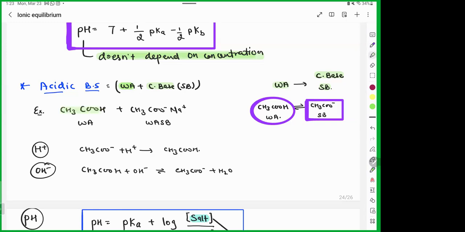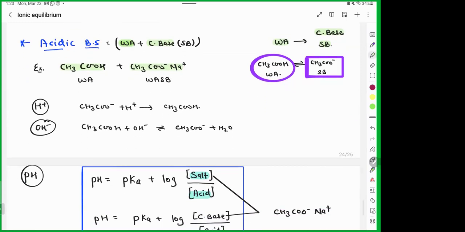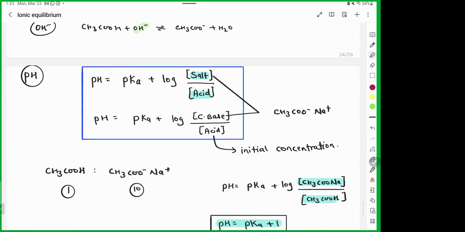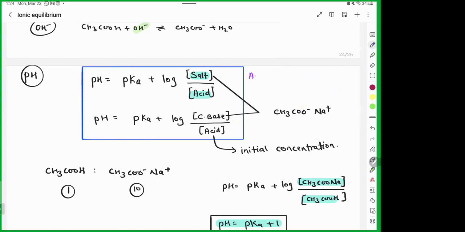So we took an example of this, and what we come to know is, if you try to add acid or base in this, more or less the overall value of pH will remain the same. Done. If you try to calculate pH in case of a weak acid, remember our topic name is acidic buffer. This is acidic buffer solution.